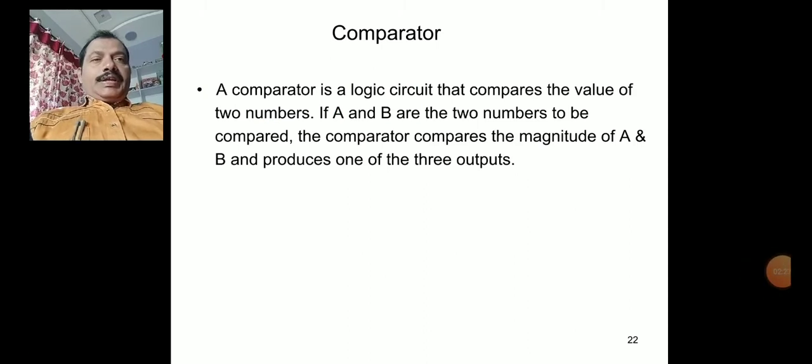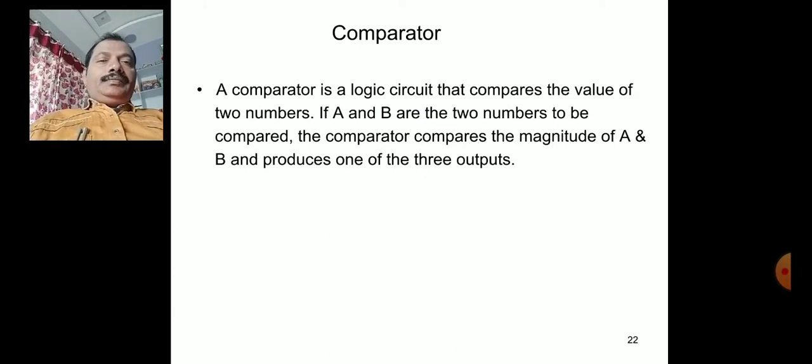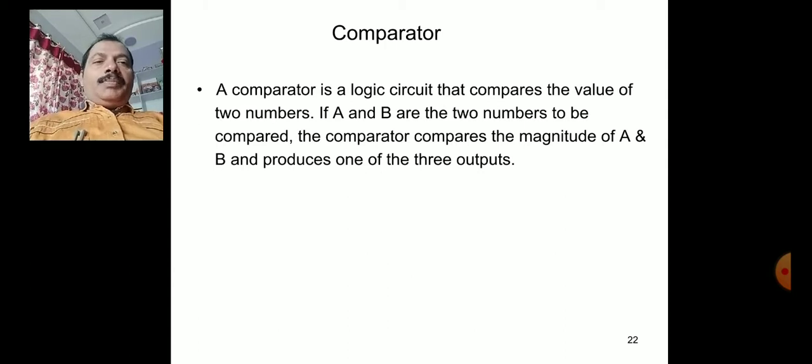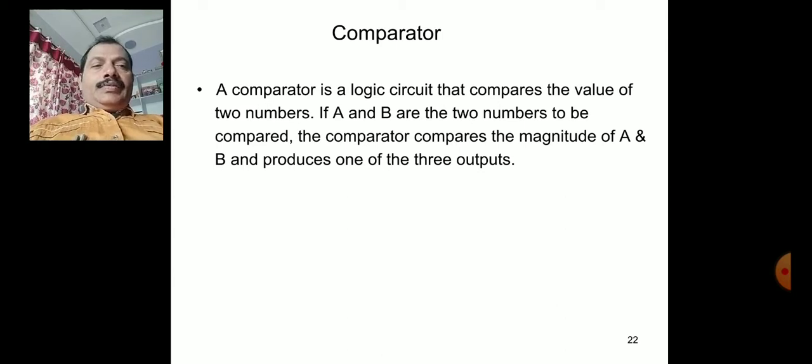A comparator is a logic circuit that compares the value of two numbers. If A and B are two numbers to be compared, the comparator compares the magnitude of A and B and produces one of three outputs.